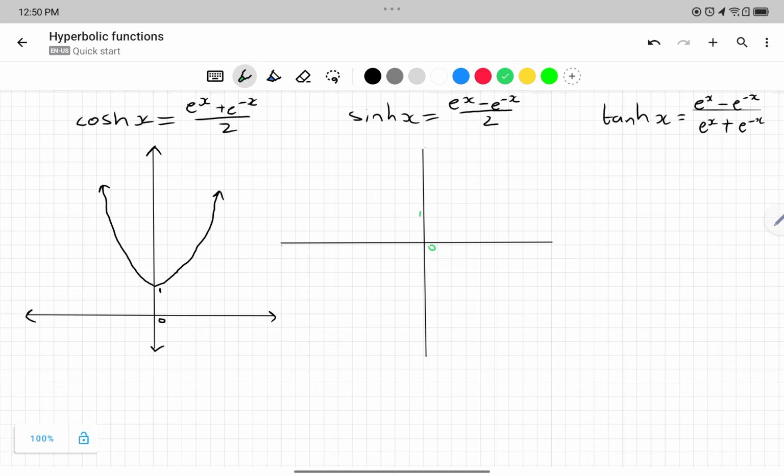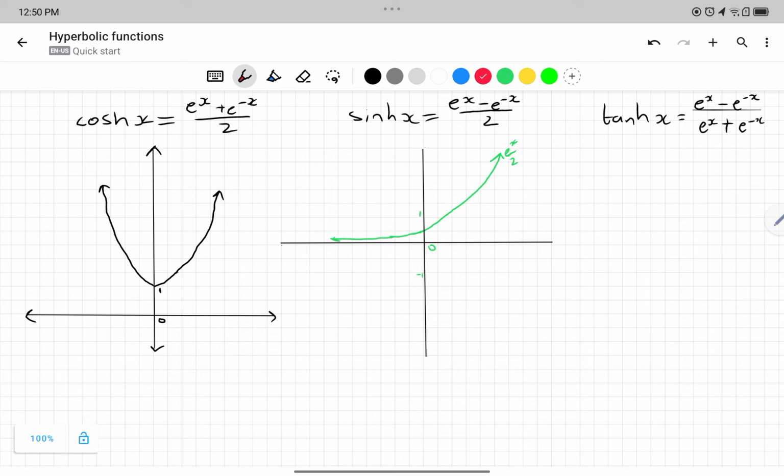Let's see, this is negative 1, and that means our e to the x over 2 will be passing here at 1 over 2, something like this. And then this is e to the x over 2, right?